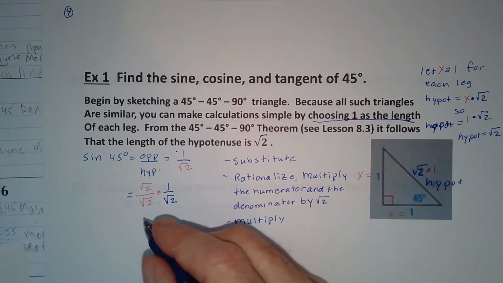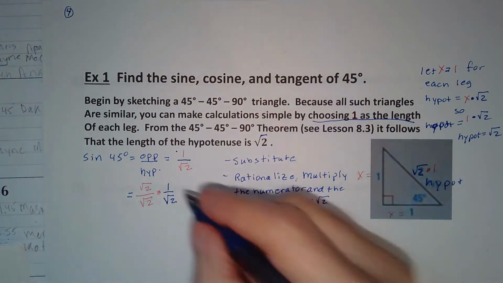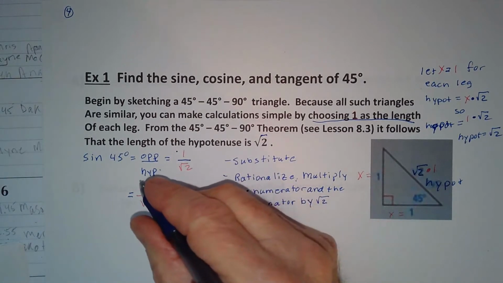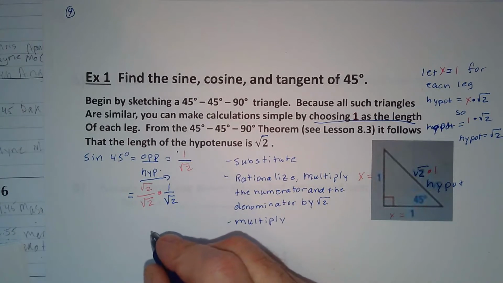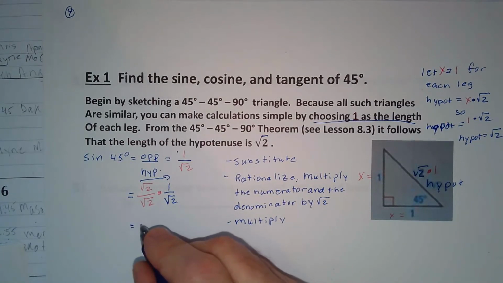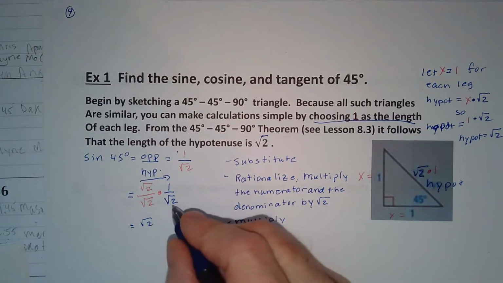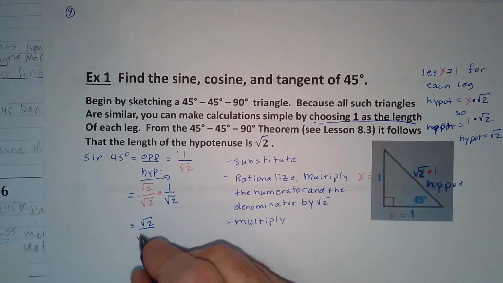And so when you do that, you're just multiplying across here this way. Square root of 2 times 1 is the square root of 2. Square root of 2 times the square root of 2 is the square root of 2 squared.